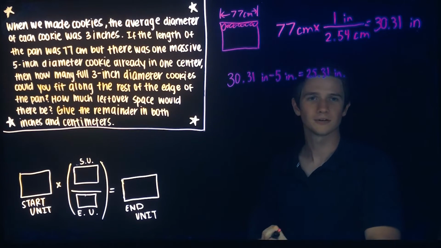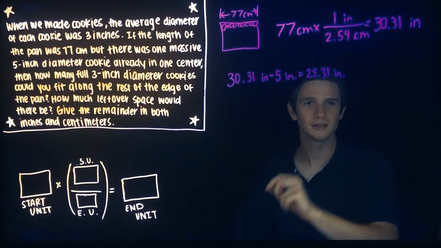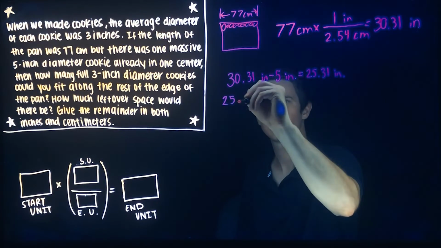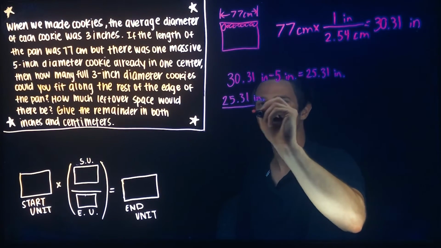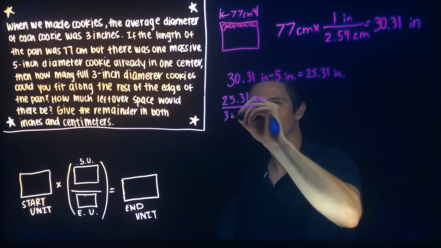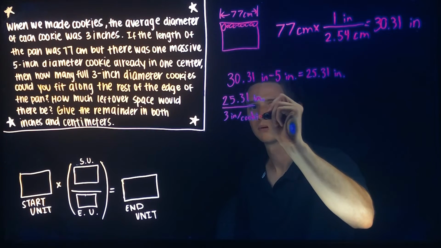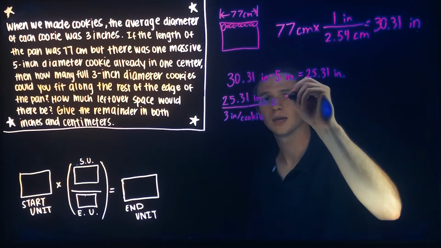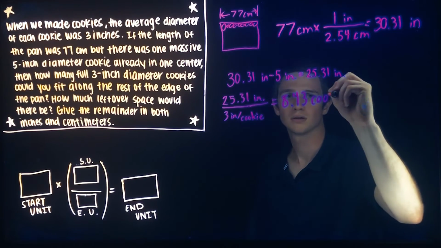Now that we have our new length, we have to figure out how many 3-inch cookies will fit in that length. So let's divide it by 3 inches. 25.31 inches divided by 3 inches per cookie. And when we divide that, we get 8.43 cookies.